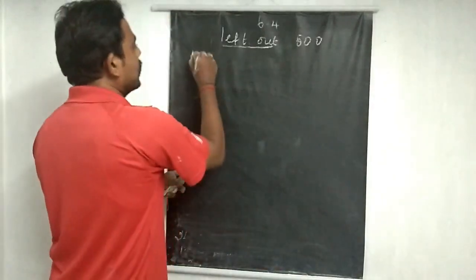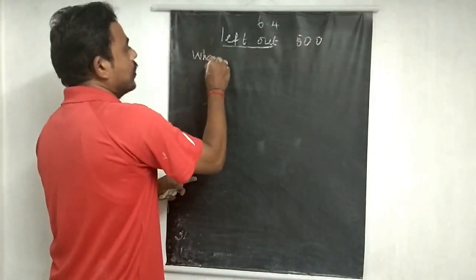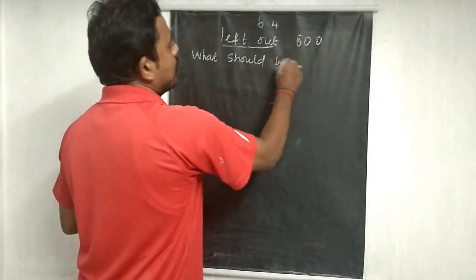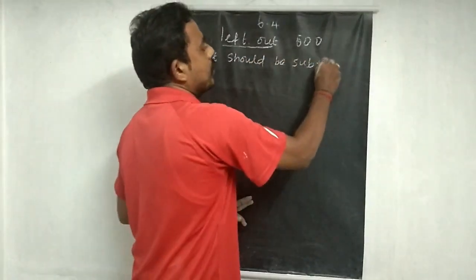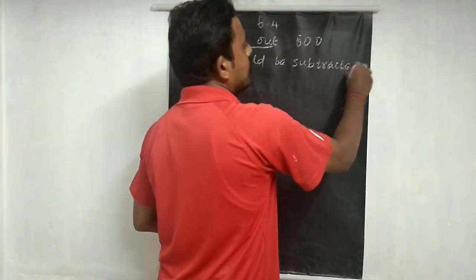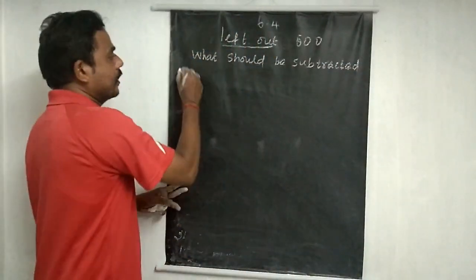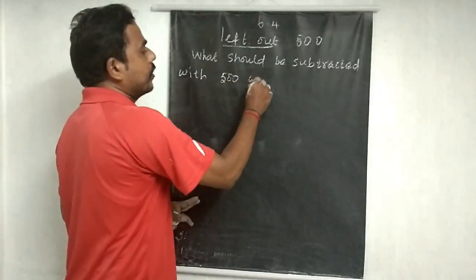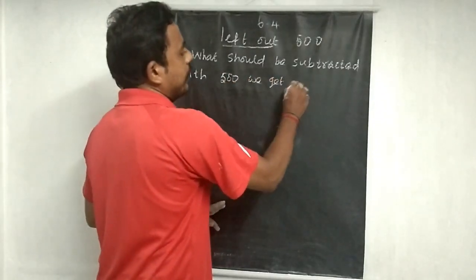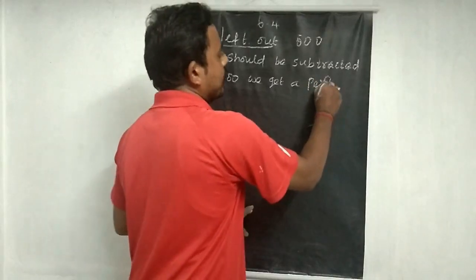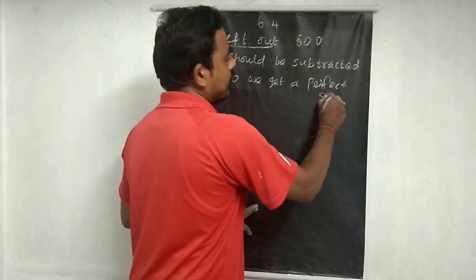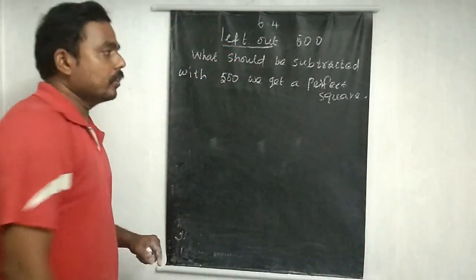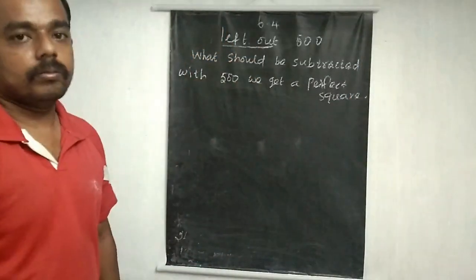So that is, what should be subtracted from 500 so we get a perfect square? This is the actual question. So what should be left out?